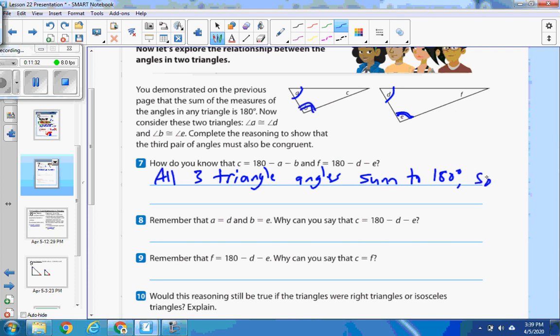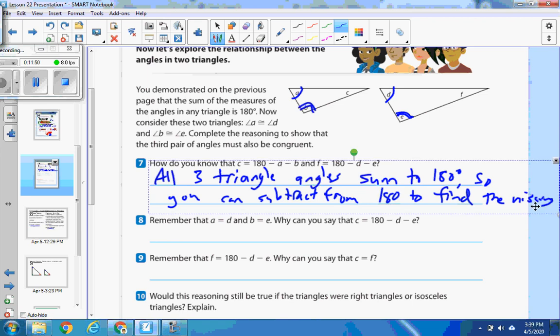So you can subtract the two you know to get the third one, the missing angle.